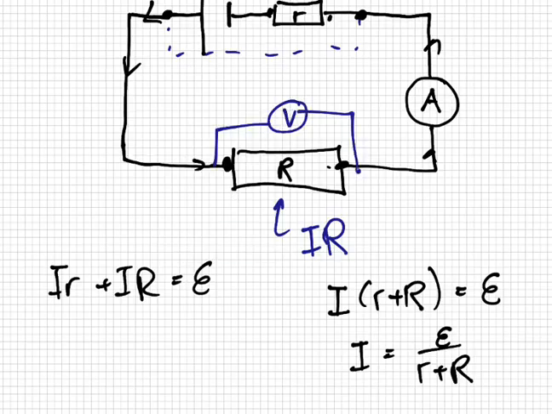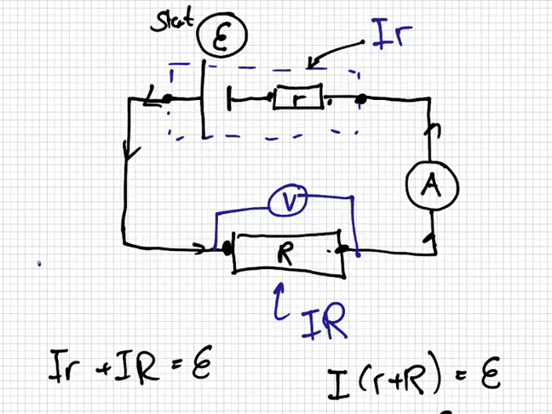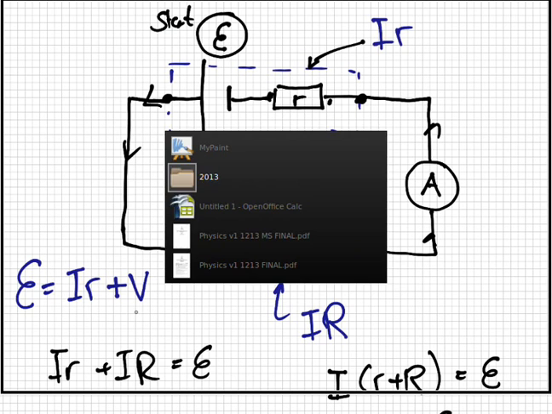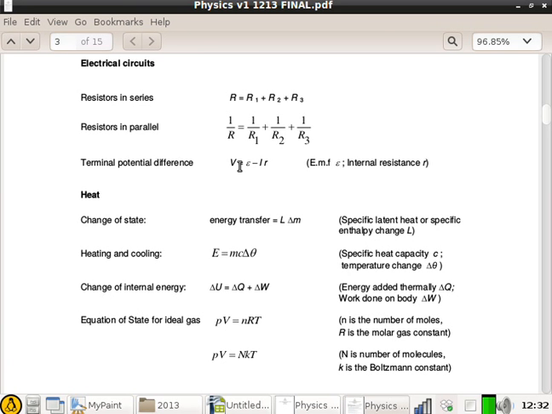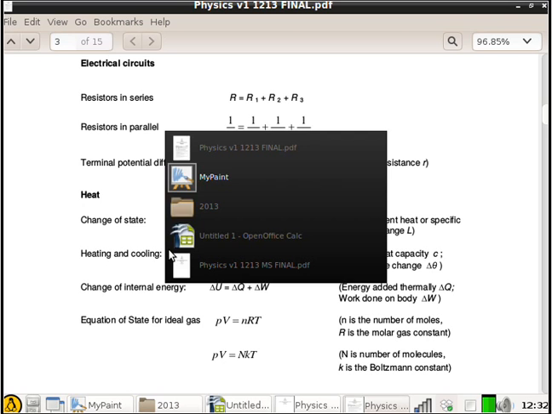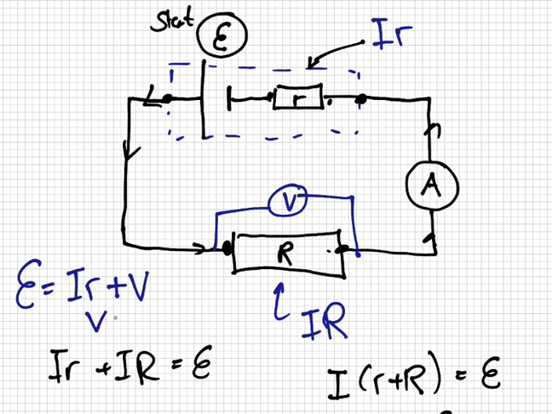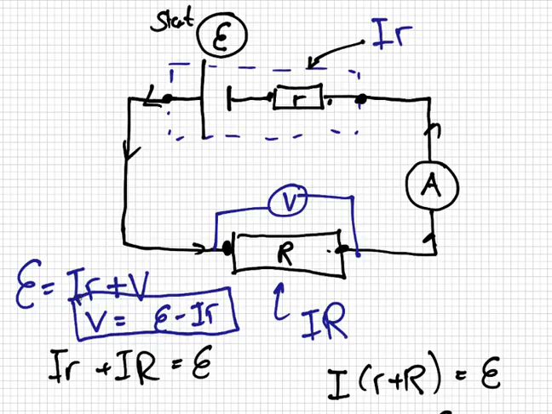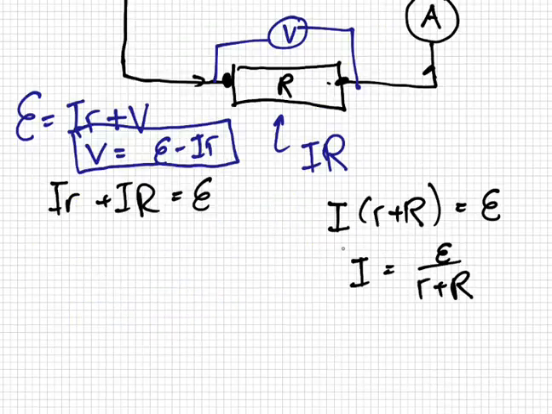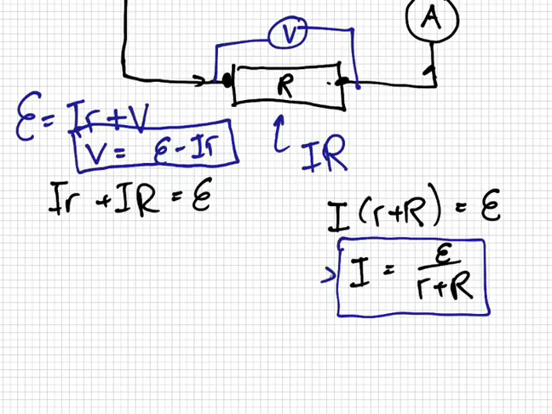So another way to write this formula is E must equal IR plus V. And you can see in the formula book they have it as big V equals E minus Ir. So there's two formulas here, and what's important is this one is not in the book.